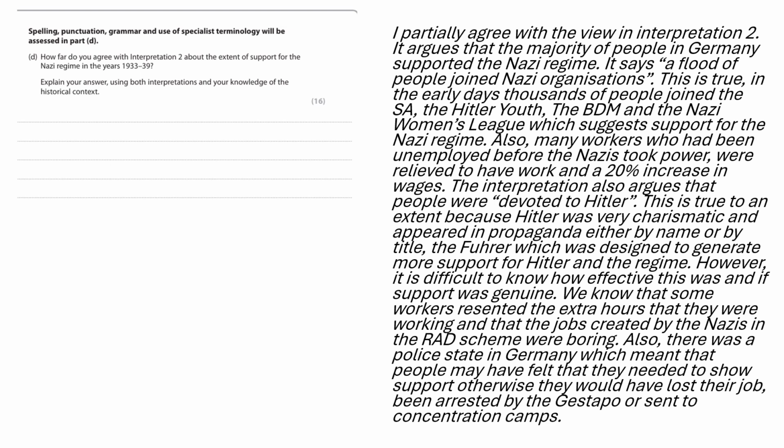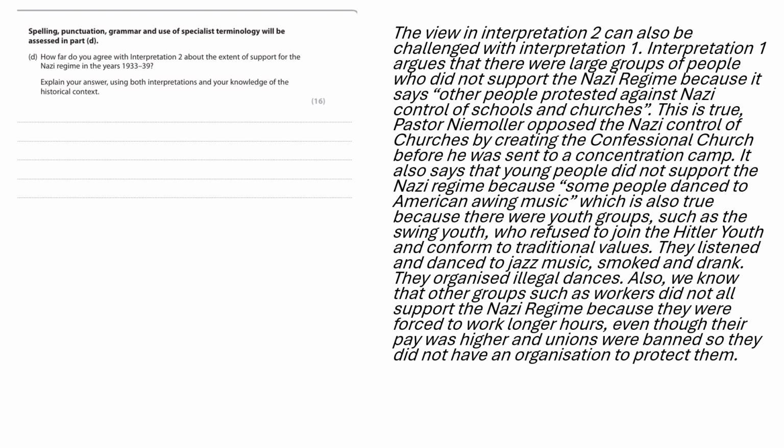But you will notice that the question says, explain your answer using both interpretations and your knowledge. So we're now going to write a paragraph using interpretation 1. The second part of your answer is going to start with, the view in interpretation 2 can also be challenged with interpretation 1.